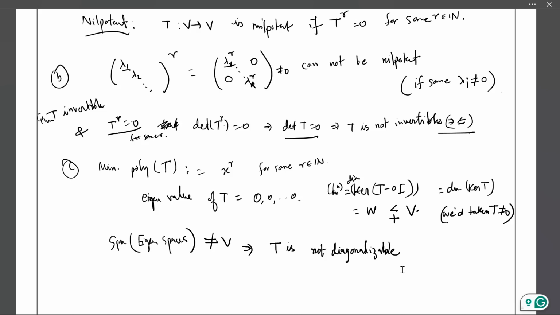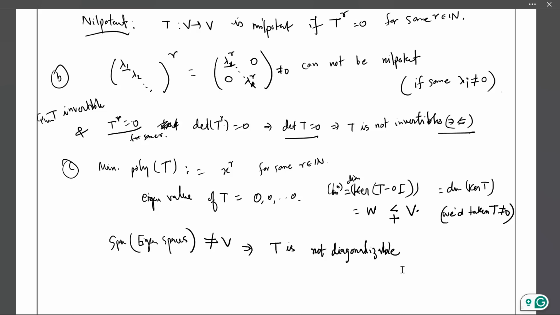For option C, can we proceed like this? We assume first that T is nilpotent, and we suppose that T is diagonalizable. Then T is equal to P inverse D P for some invertible P. As T is nilpotent, there exists some r for which T to the power r is equal to 0.